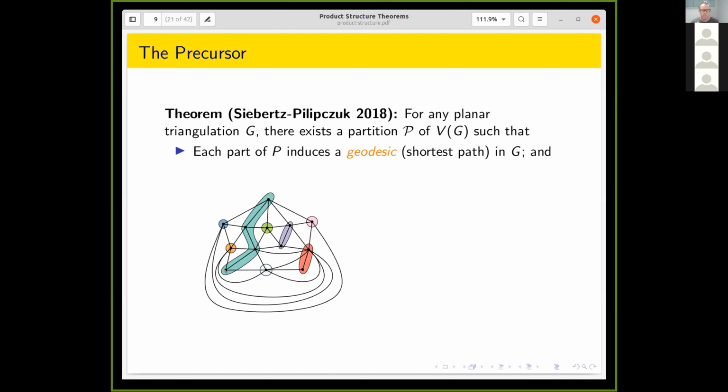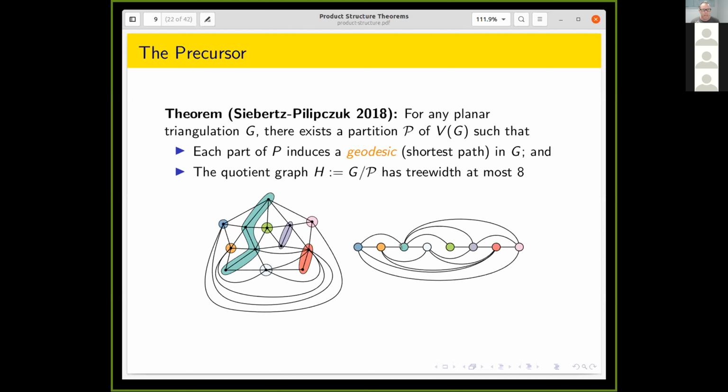Each subset in your partition induces a shortest path in your graph between its endpoints. And if you take each of those subsets and contract them, so you identify all of those vertices in the subset, then that thing is called the quotient graph, denoted by H, and it has tree width at most 8.